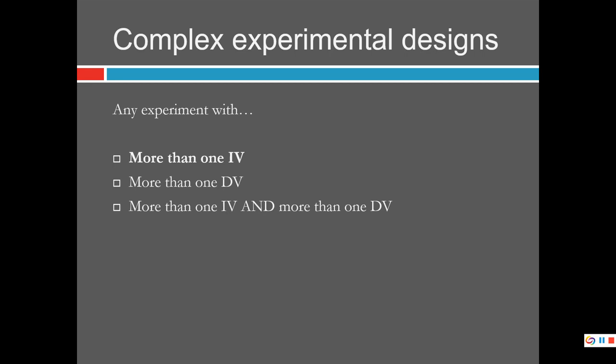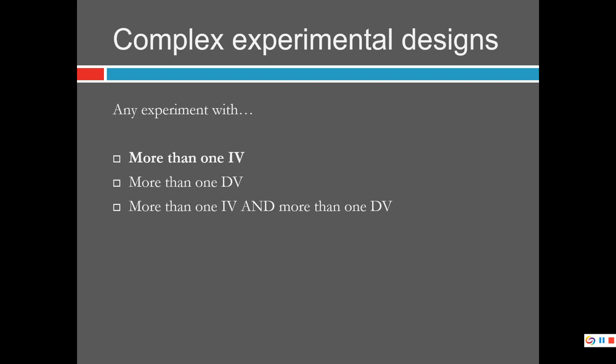And when you use the terminology to describe complex experimental designs, that can have a few different meanings. It basically could mean any study where you have more than one independent variable, so more than one thing that you are manipulating or that you're hypothesizing is causing some change in something else.